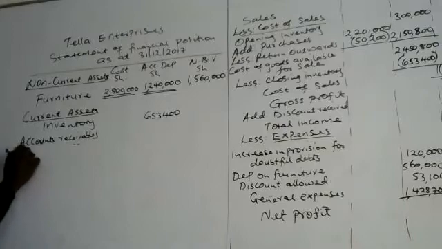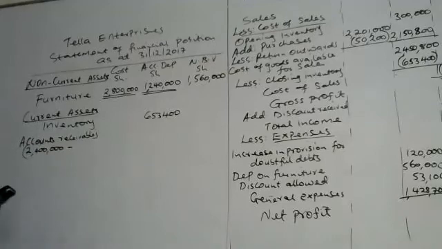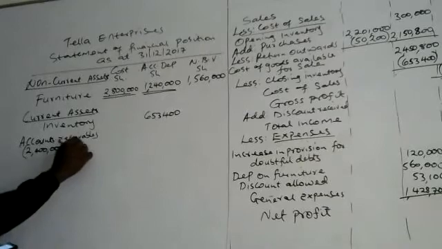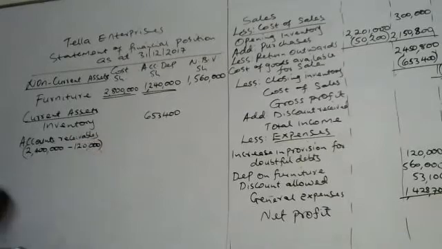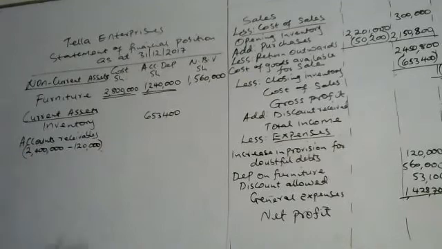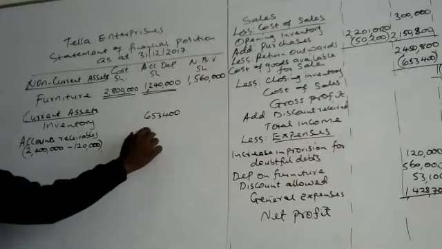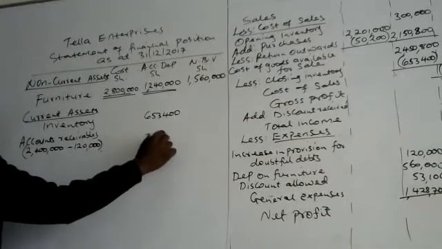2,400,000. This is what the debtors were owing the business. We minus the provision. Remember, the provision is what we are doubting. We are doubting 120,000 will not be received. This 120,000, you take it away from here, you'll find that what we are sure of receiving is going to be 2,280,000.